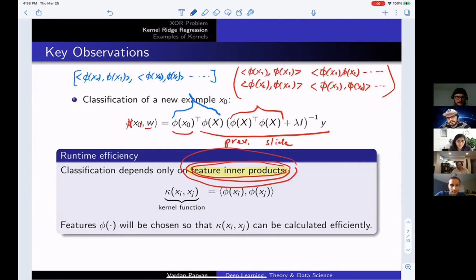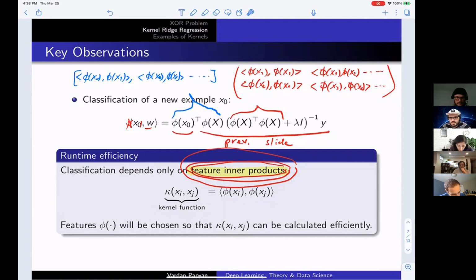Now, what is the kernel? The kernel is a function that takes 2 instances in your data, xi and xj, and outputs an inner product of their corresponding feature vectors.